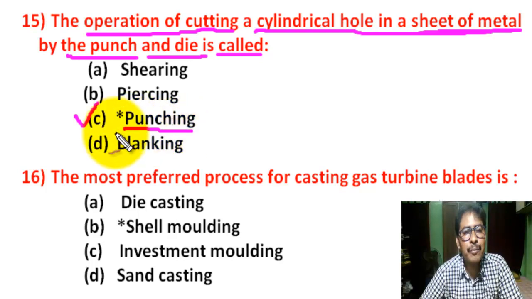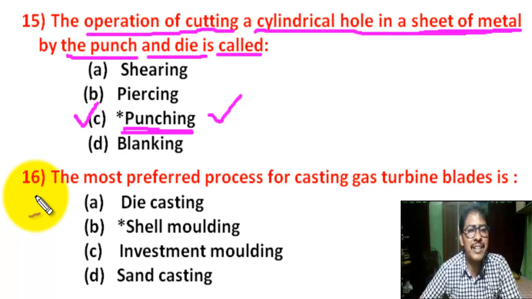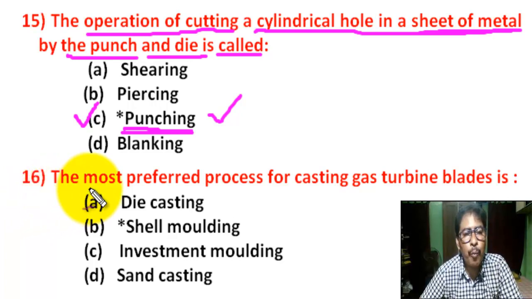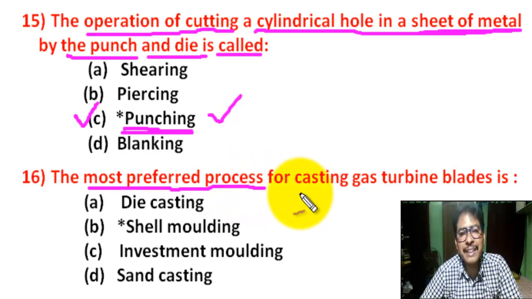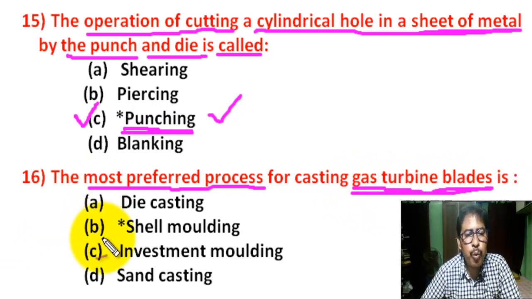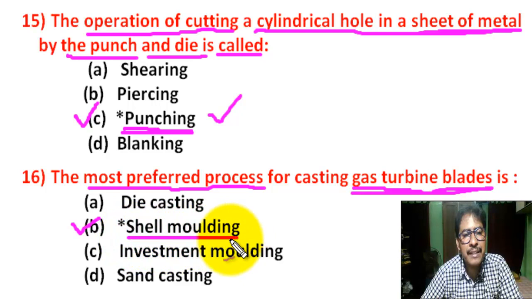Correct answer is C, punching. Question number 16. The most preferred process for casting gas turbine blade is, there are 4 options. Correct answer is B, shell molding.